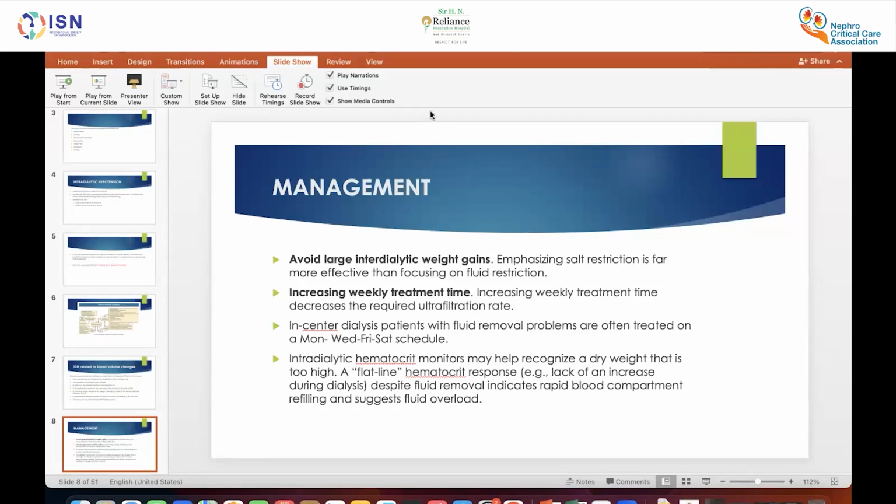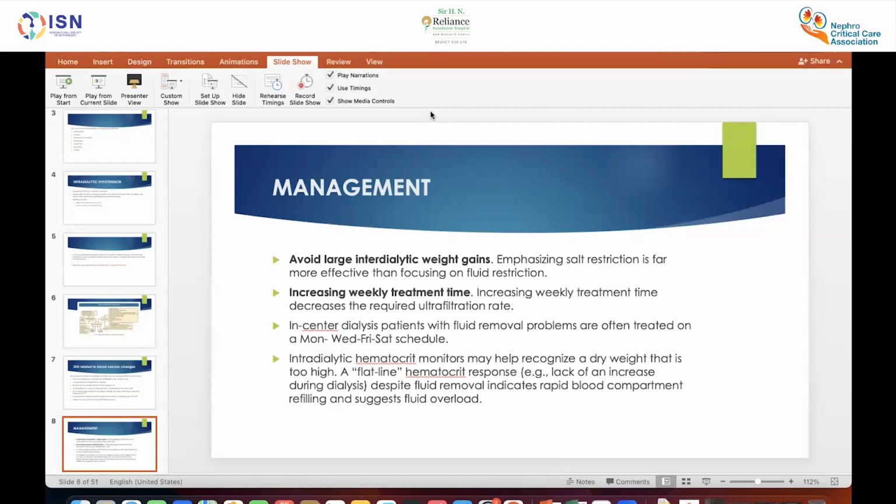Venous refilling is the water coming from the interstitial compartment into the intravascular compartment. If your refilling rate is proportional to your ultrafiltration rate, there will be no drop in blood pressure. But if your refilling rate is low and your ultrafiltration rate is high, there is a chance that the blood pressure will go down.